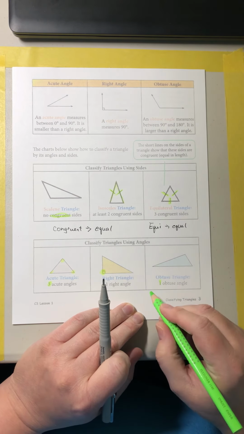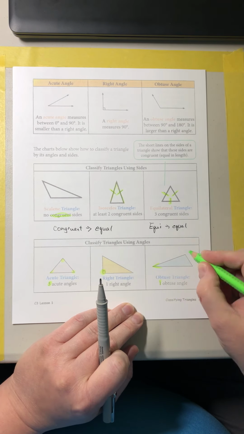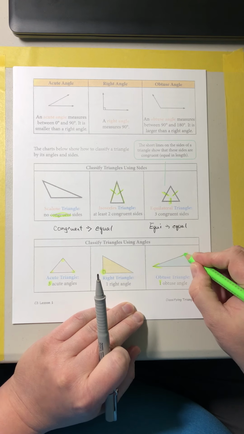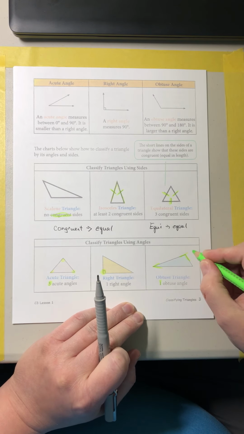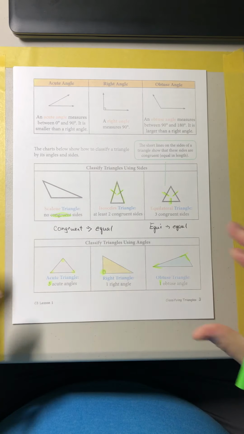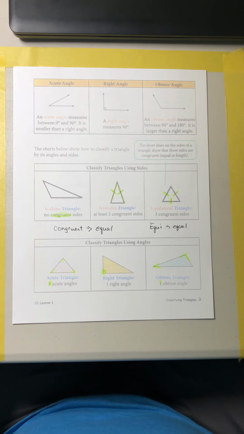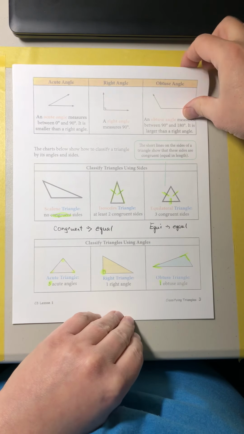When you're looking like this, that's acute. This way, that's the obtuse triangle. So there are 6 different ways to classify your triangles, and the most interesting part is that a lot of these will be the same, and we'll talk about that in a couple of minutes' time.